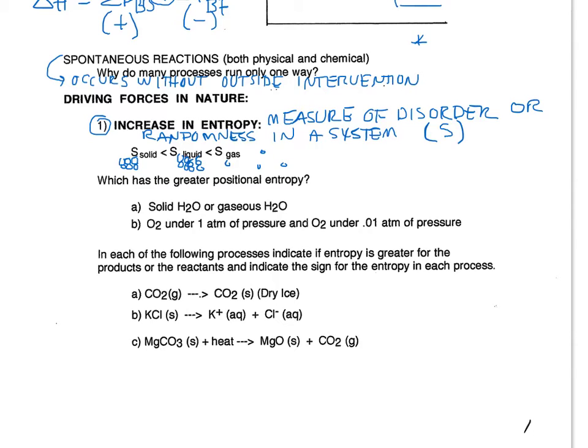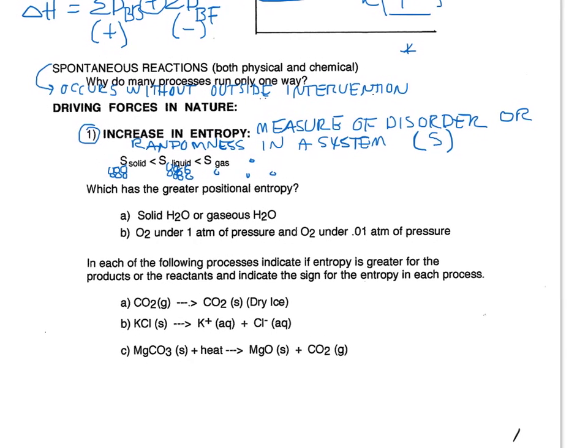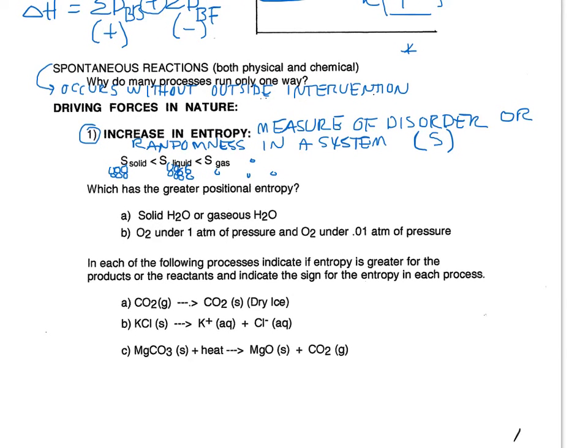So we are going to be talking about driving forces in nature. What would make a reaction occur spontaneously? The first driving force in nature is an increase in entropy.